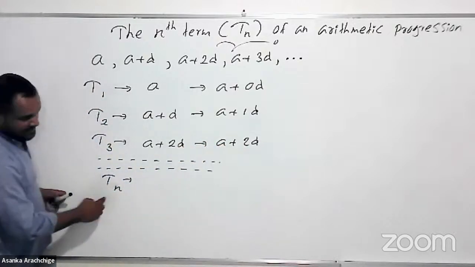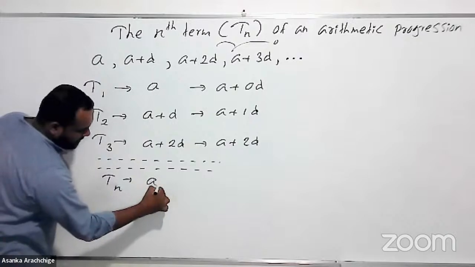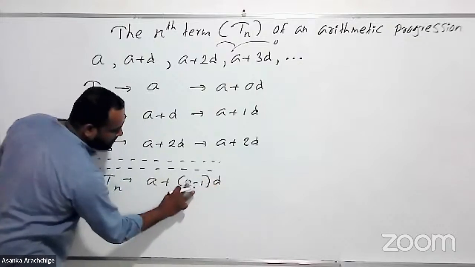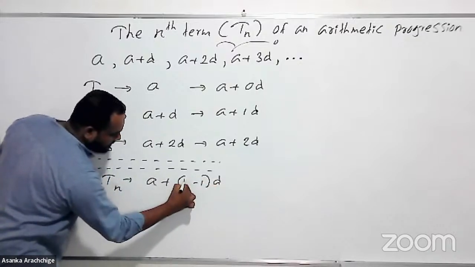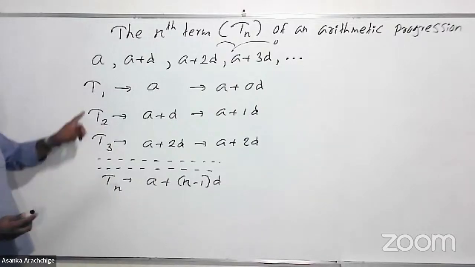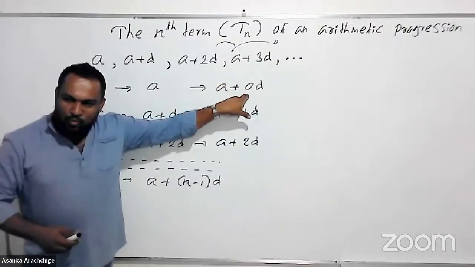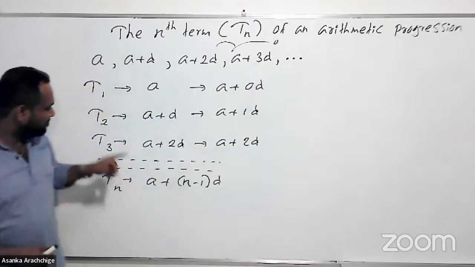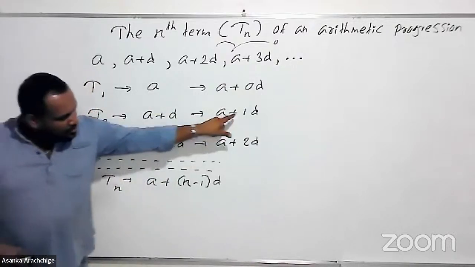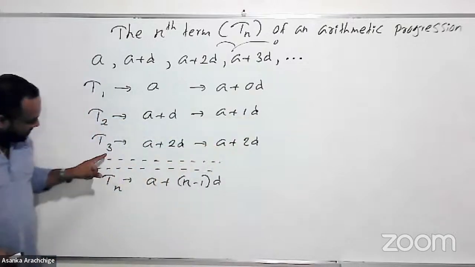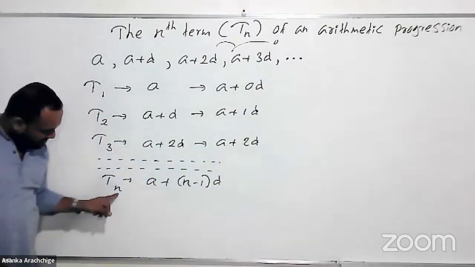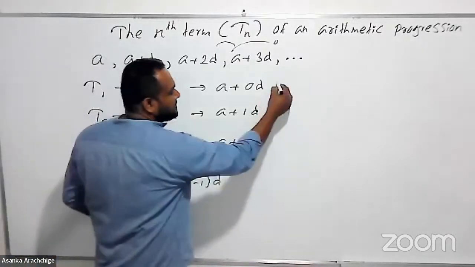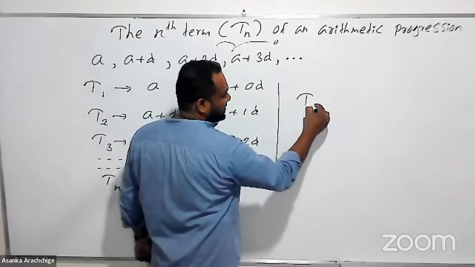Then when it is n, this should be A plus n minus 1 times the common difference. When it is T1, A plus 1 minus 1 times D, and 1 minus 1 is 0. When n is 2, 2 minus 1 times D. 3 minus 1 times D. When it is n, this should be A plus n minus 1 times D. So, that is the formula for the nth term.